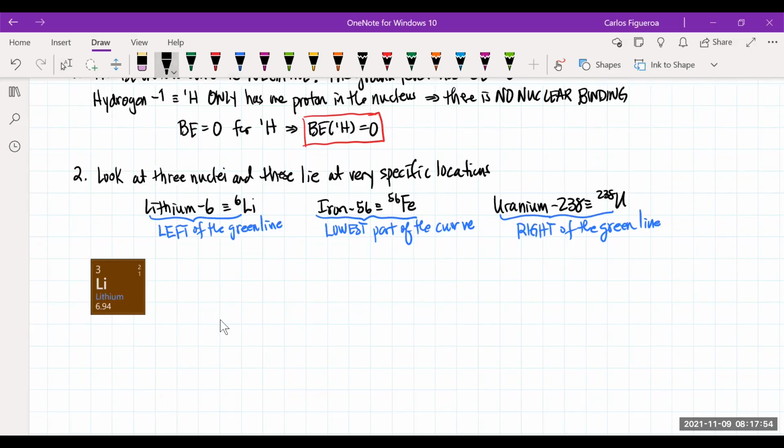But the reason why I put this in here is because if I have lithium 6, then I see that there are 3 neutrons, and I see that there are 3 protons.